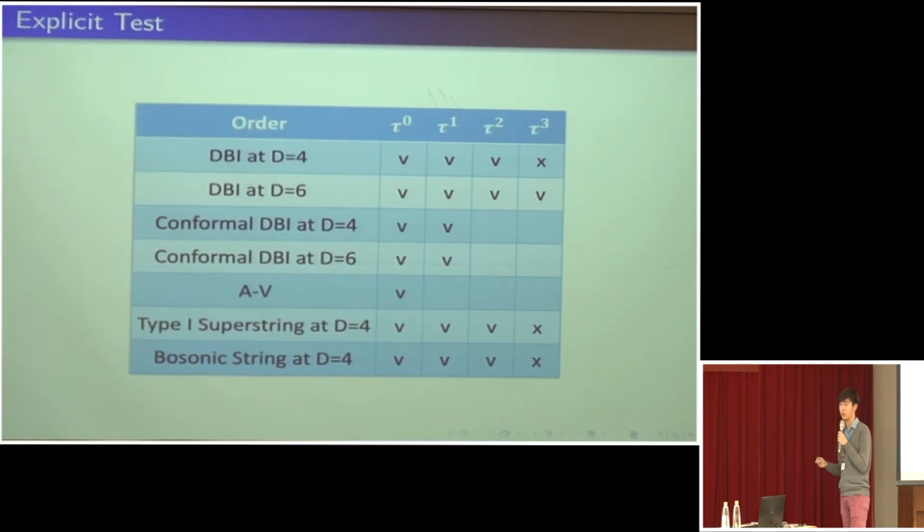But in the string case, things get interesting. In the alpha prime expansion, we have the STU term, which corresponds to the order of tau squared. It can potentially modify the soft theorem, but it holds true because we can derive it from the symmetry principle.